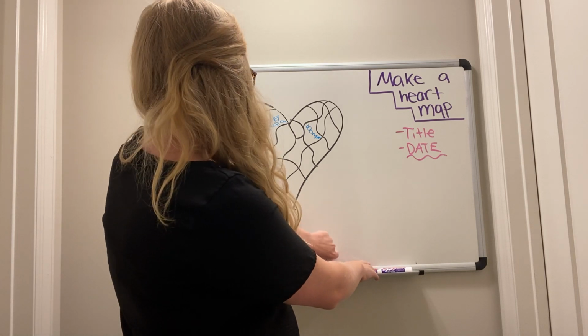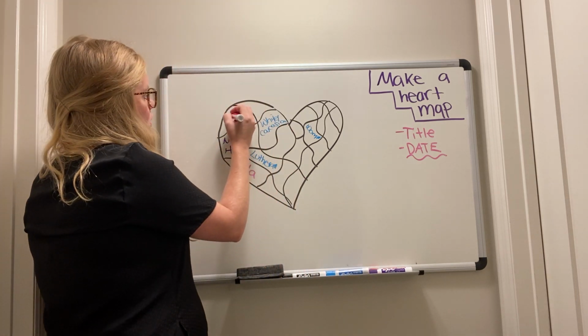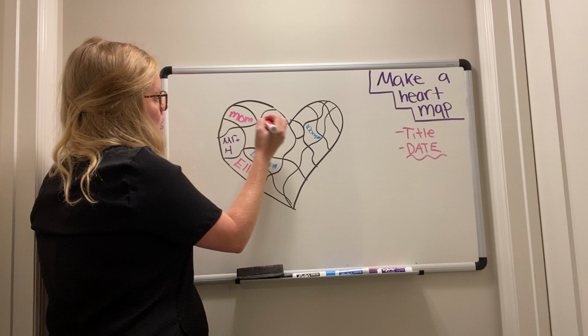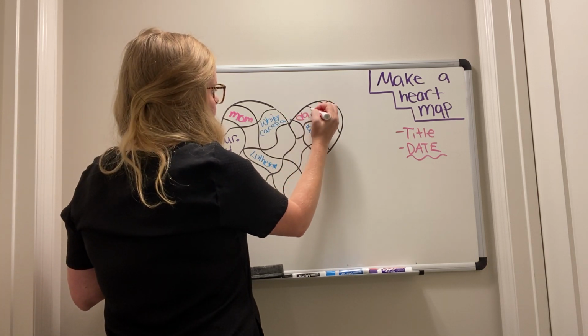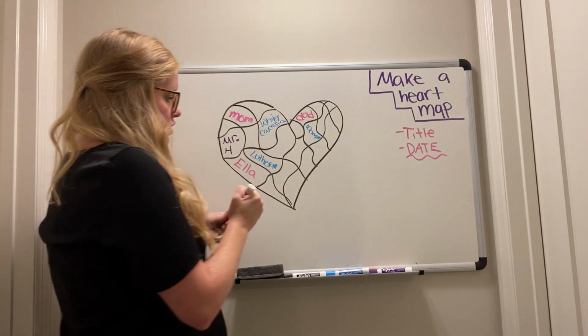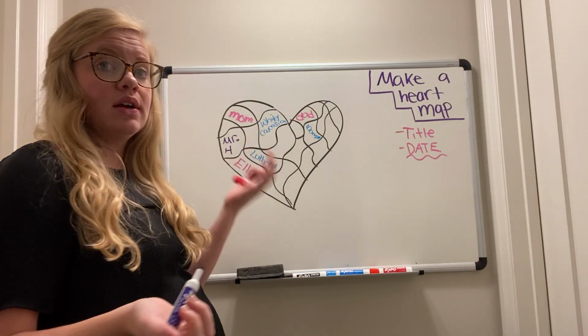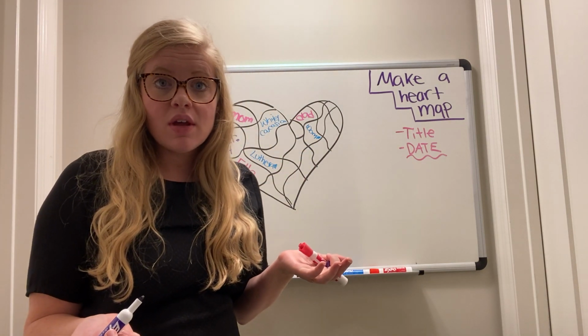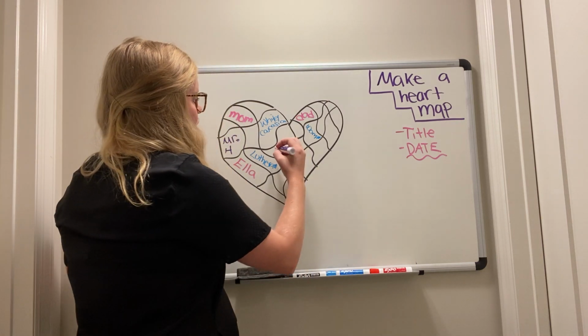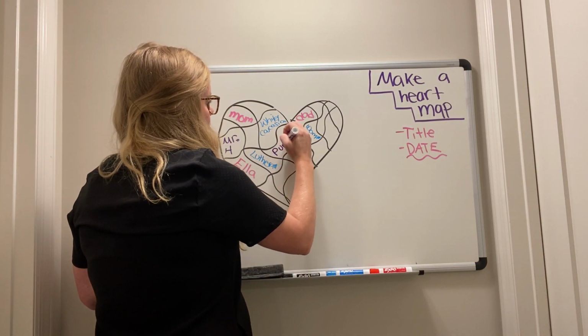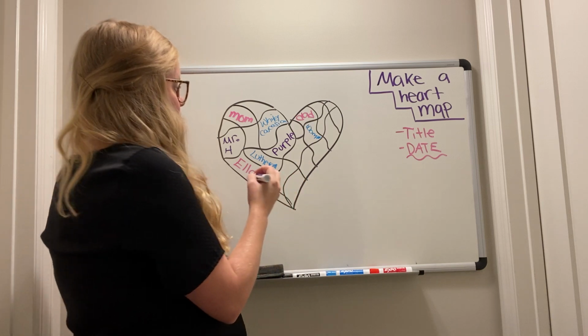I'm gonna put my mom and dad. So these are all things that you guys can put in here too. If you want to put things in like Julius Lester did, you could put your favorite color. My favorite color is purple.